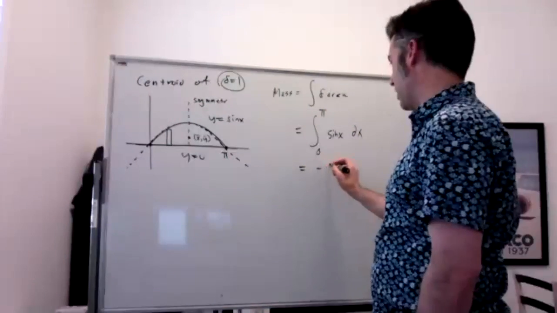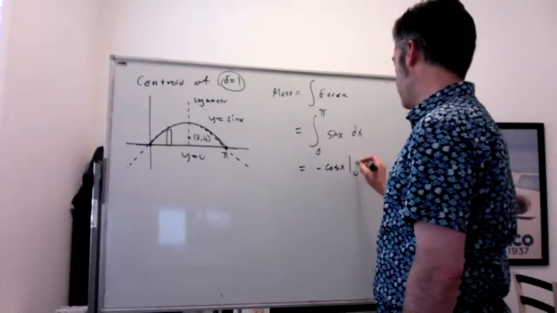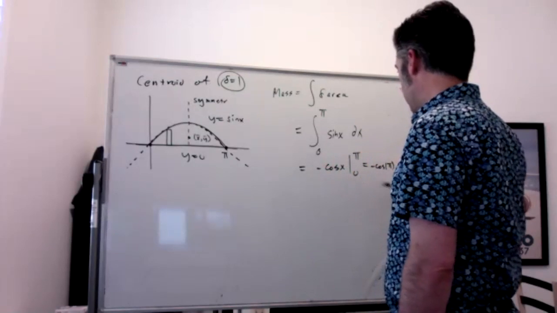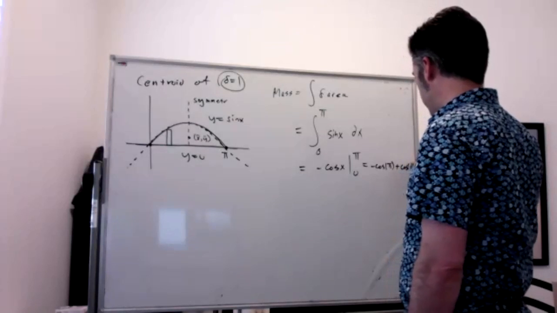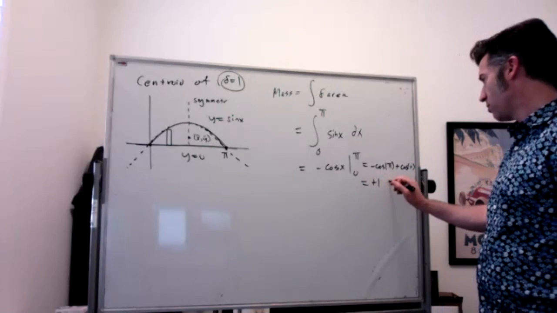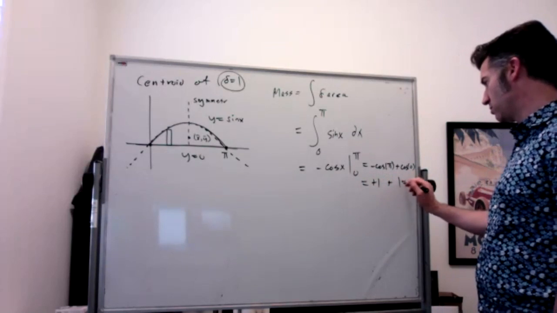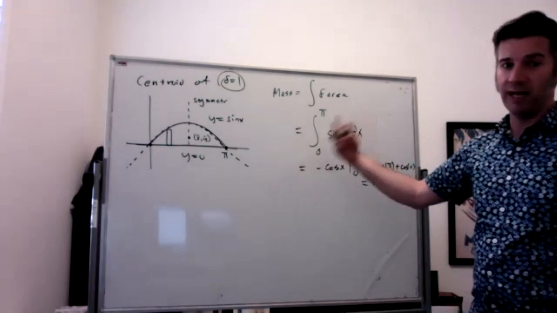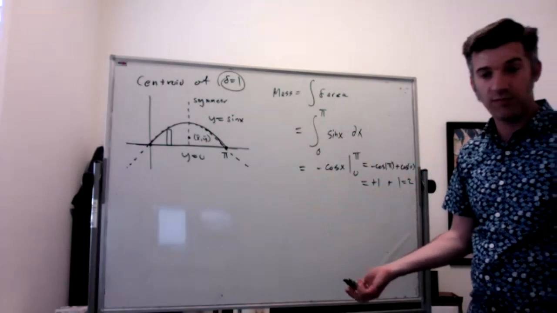You're going to get negative cosine of x from 0 to pi, which is negative cosine of pi minus negative cosine of 0. Negative cosine of pi is negative 1 plus cosine of 0 is 1, so you get 2. So the area of that shape is 2. The mass of that shape is 2 times the density.